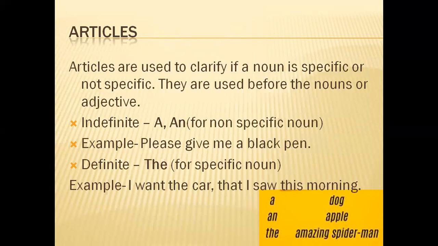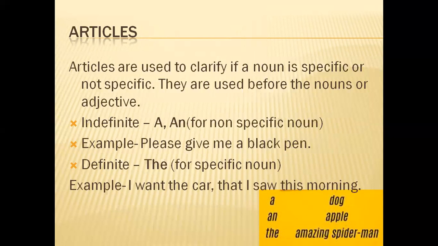A and an are indefinite articles and are used when you are talking about a general version of the noun. For example, please give me a black pen. An ostrich would beat a chicken in a race. In these examples, the sentence is talking about a pen or an ostrich in general, meaning it can be any pen, any black pen.